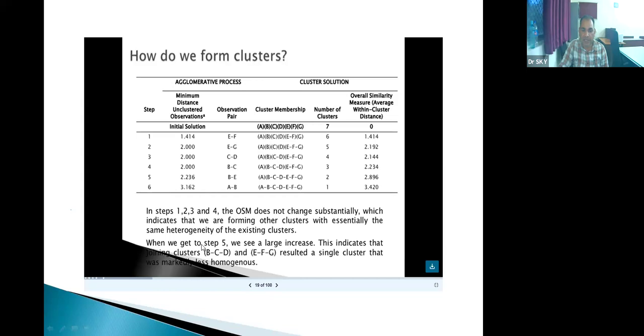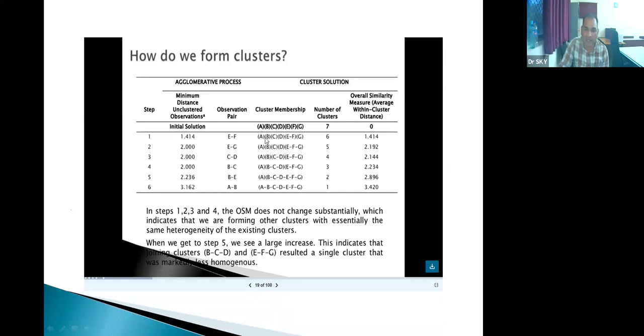Now, when we get to step 5, we see a large increase. This indicates that joining clusters BCD and EFG resulted in a single cluster that was much less homogeneous.